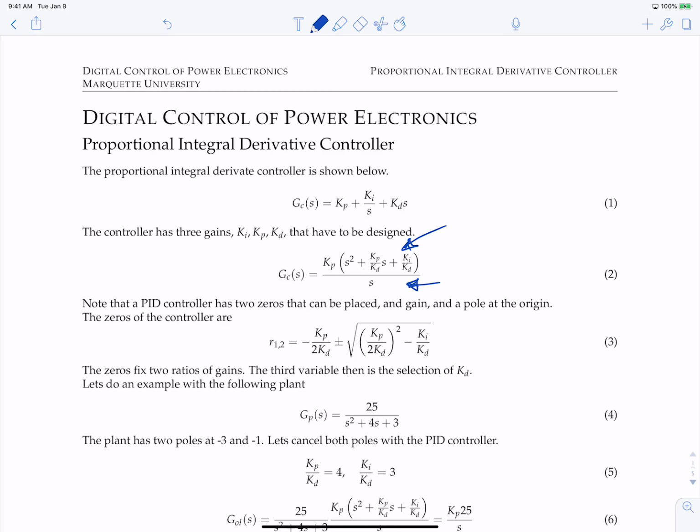Depending on the ratios of Kp by Kd and Ki by Kd, you could have two real valued zeros, or you could have a complex pair of zeros. It just depends on how these values are selected. So you have one pole at the origin, which gives us 0 steady state error, and 2 zeros, which could be complex or real valued.